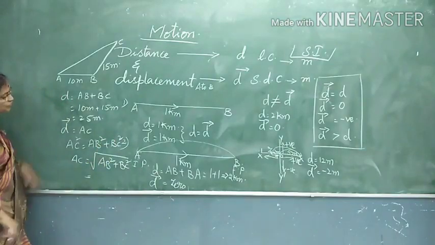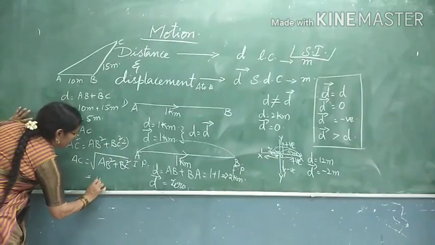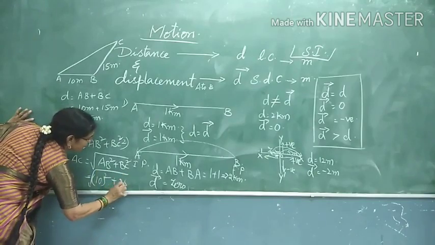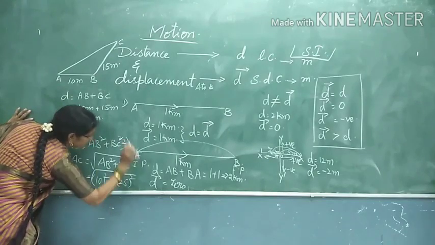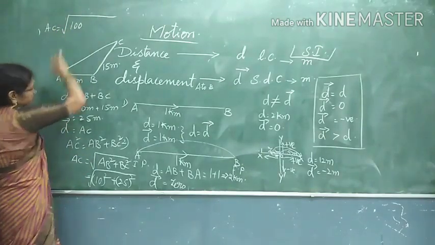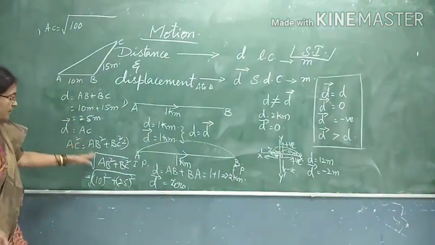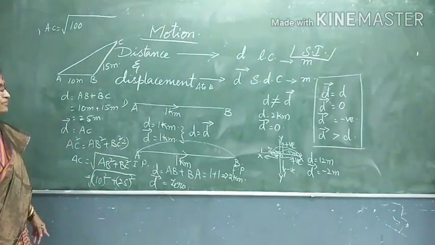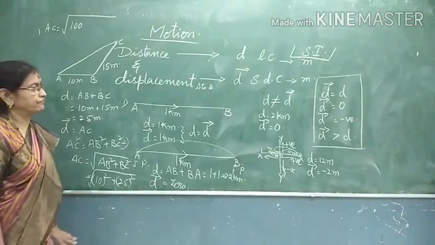Then it is equal to under root 10 whole square plus 25 whole square. Now, 10 square is 100, 100 plus 25 into 25, 625.